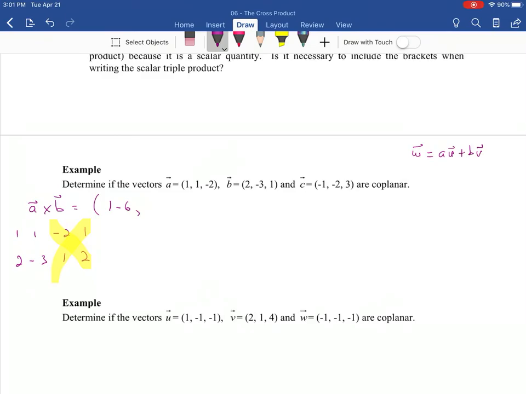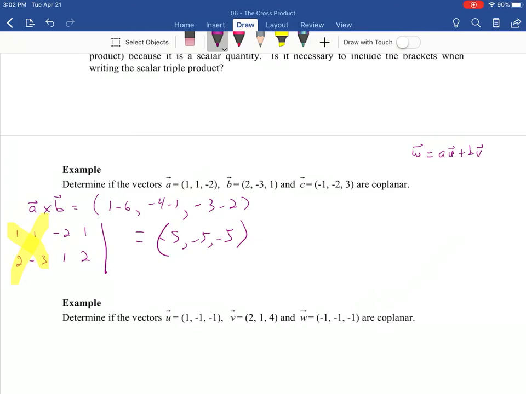Then the second component would be those two. And I get negative 4 minus 1. Then the third component would be back to the first two now. I get negative 3 minus 2. So what I get is negative 5, negative 5, negative 5.